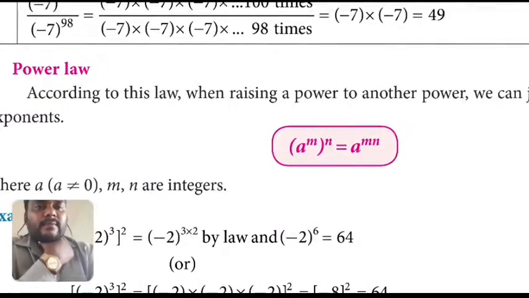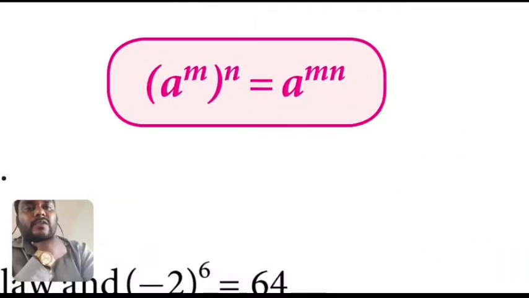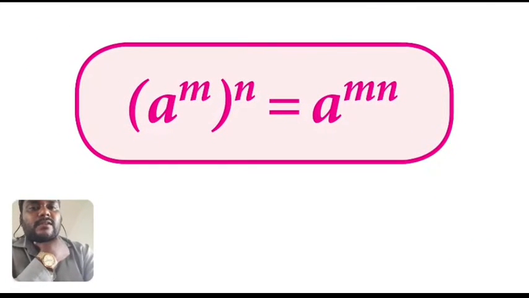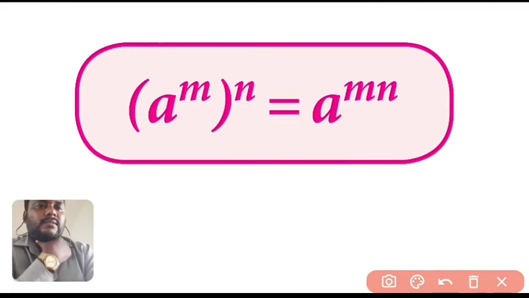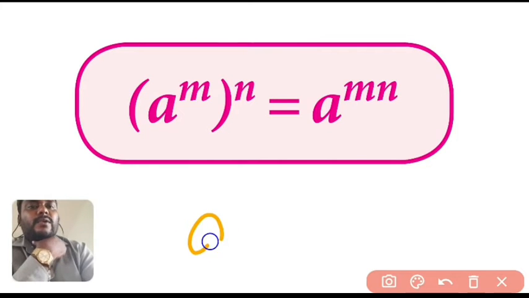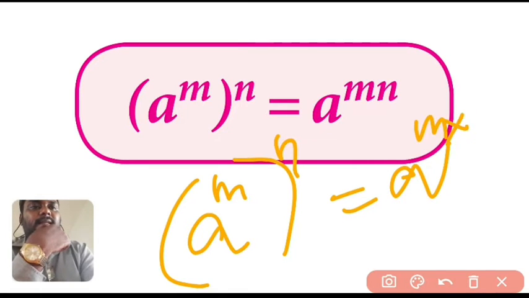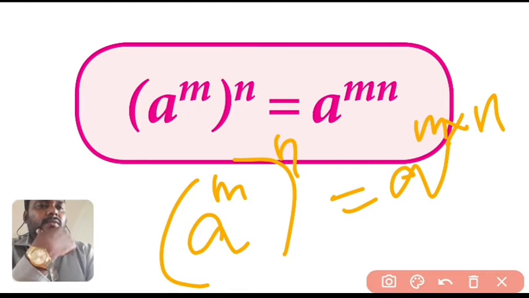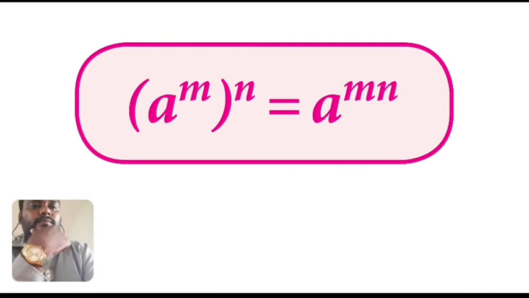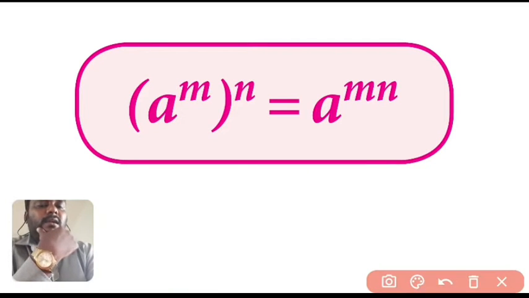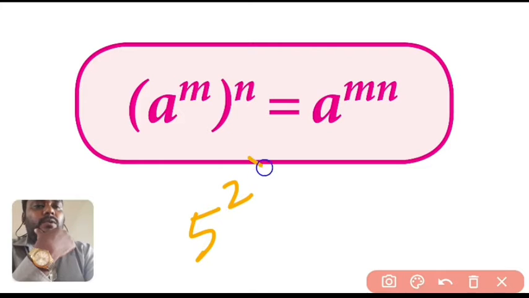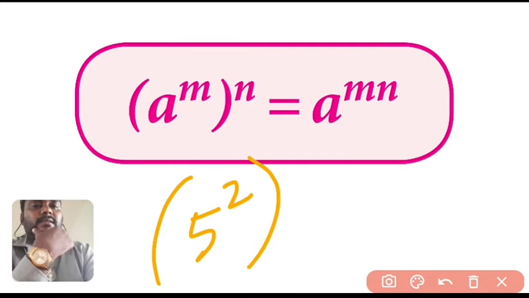Next, the power law. With the power law we are going to solve many problems, so this is a very important formula. a power m whole power n equals a power m into n. For example, 5 power 2 whole power 7 equals 5 power 2 into 7, which is 5 power 14.